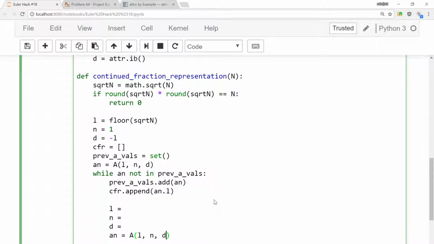Okay, very good. So L is very simply an n divided by, well, no, an dot L plus an divided by, I guess, square root of n, and minus an dot d.